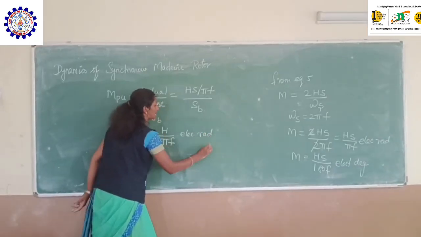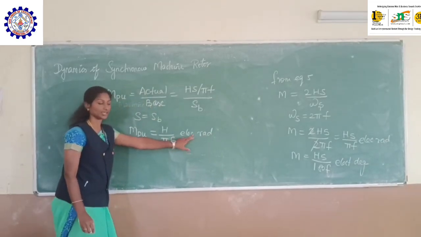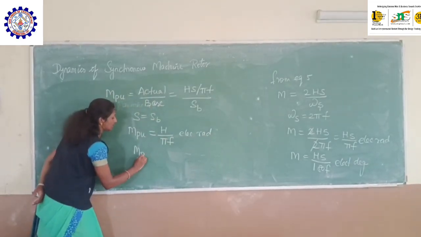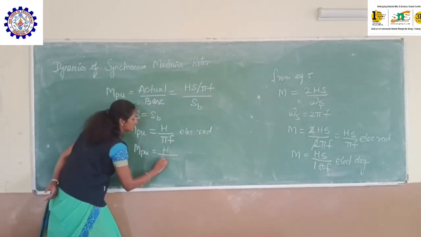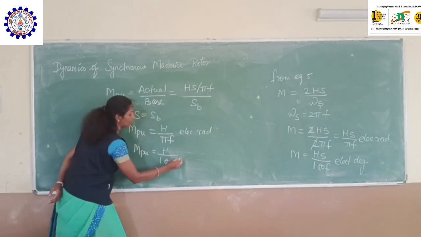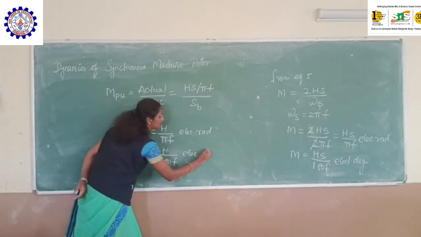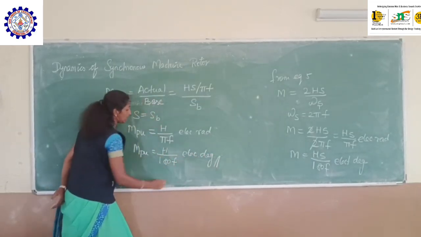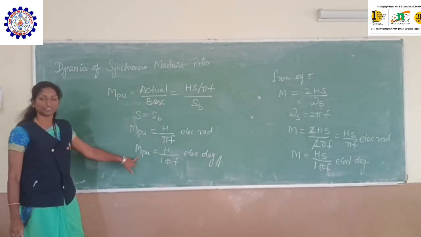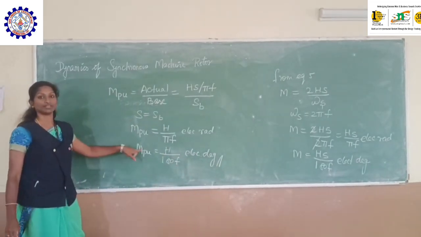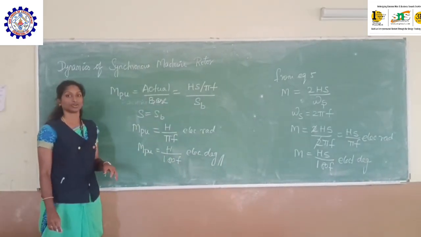H divided by pi f in terms of M per unit can be written as H divided by 180 f in terms of electrical degrees. So this is the equation for moment of inertia, and in this derivation we have derived the equation for inertia constant. Thank you.